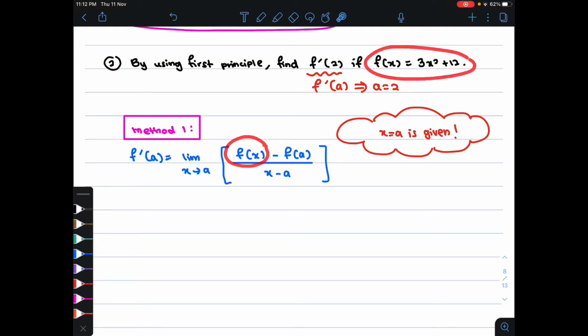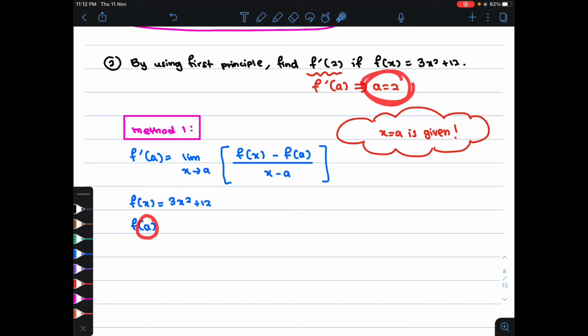f(x) is this one. Next, we need f(a), and we already know that a is 2. If this is x, this is also x. Therefore, what is f(2)? f(2) is 3 times 2 squared plus 12, and the answer is 24.